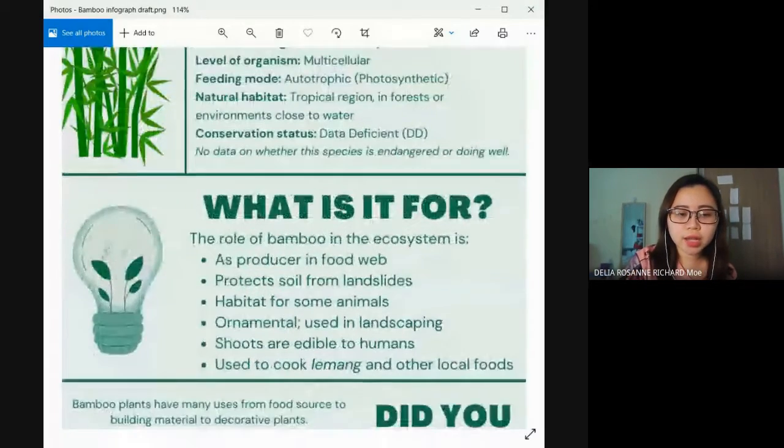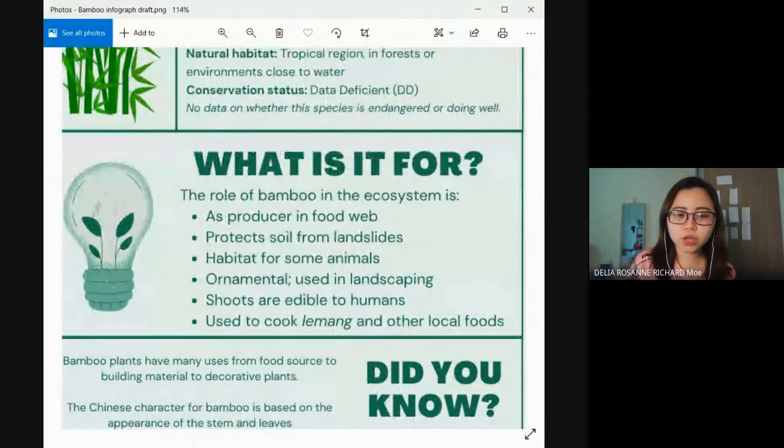And then you need to tell me a little bit about its role in ecosystem. So contoh role in ecosystem kamu boleh cakap dia adalah producer, dia adalah decomposer contohnya, ataupun dia protect soil from landslide. It can be habitat for some animals, or you can talk about its role to humans. So contoh kalau tumbuhan yang kamu pilih itu boleh dijadikan ubat, then you can say it has medicinal use.